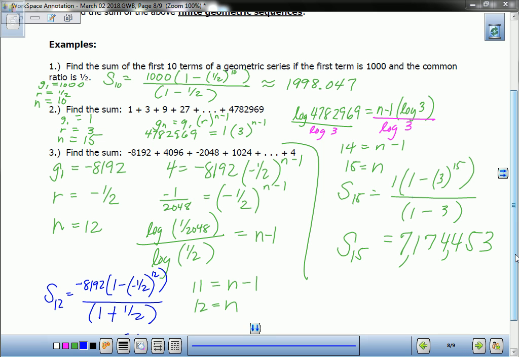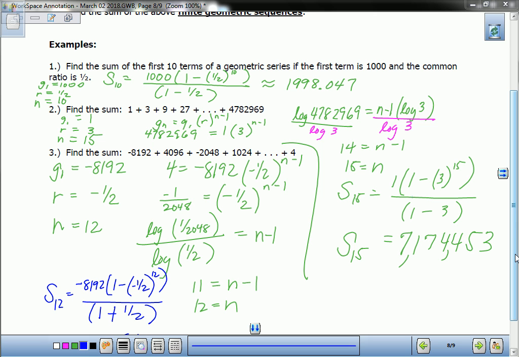So number 2 took a little more work. Number 2, you had to solve for n. So we had to set up this equation. We had to go back to the old one. So we get 4,782,969 equals 1 times 3 to the n minus 1. So if we divide by 1, it doesn't do anything. So we take the log of both sides. So we get the log of the big number over the log of 3, and that is 14.